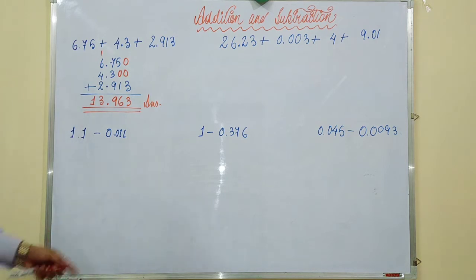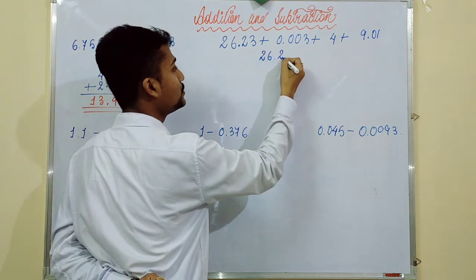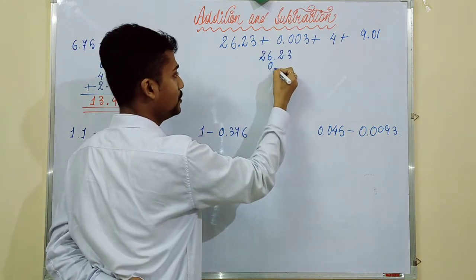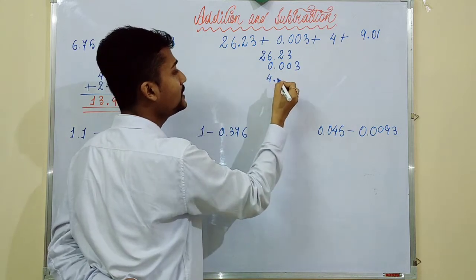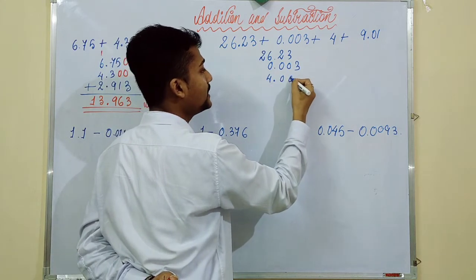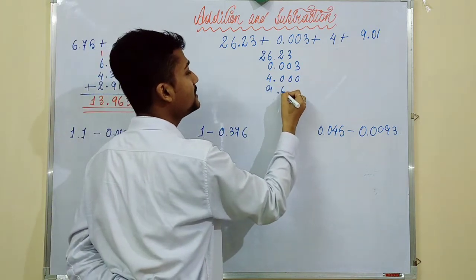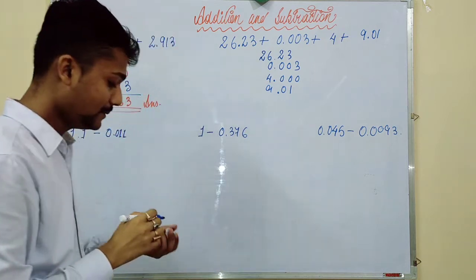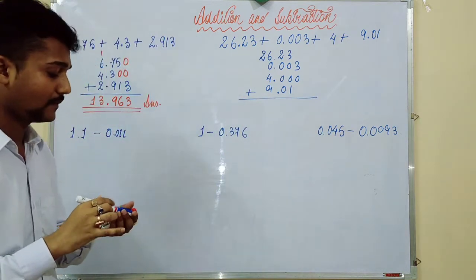So the next question, this one, 26.23, 0.0034, which means 4 point nothing, you can put it as 000, then 9.01. So here we are adding them, isn't it?